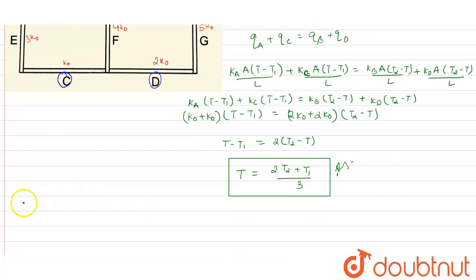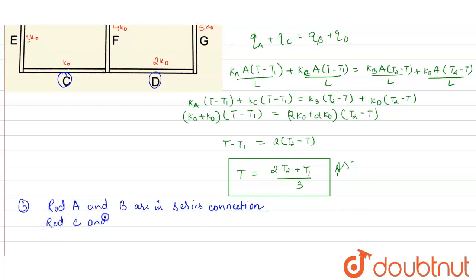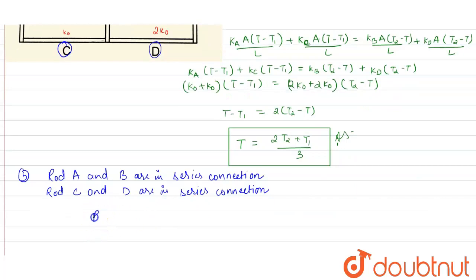So write it down: rod A and B are in series connection, rod C and D are in series connection.